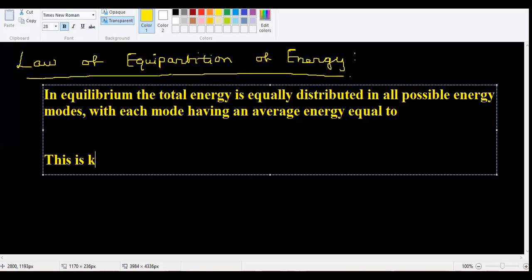This is known as the law of equipartition of energy.